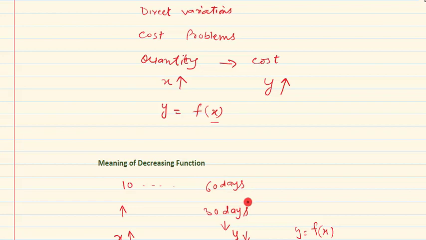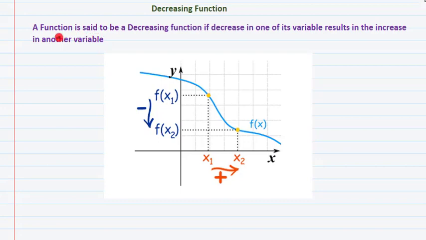Let us take the graph of a decreasing function to understand the concept very well. A function is said to be a decreasing function if a decrease in one of its variables results in an increase in the other variable, or an increase in one variable results in a decrease in the other variable. Let us understand this graph.